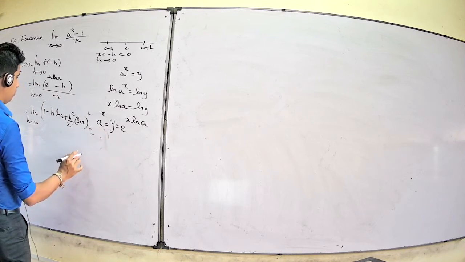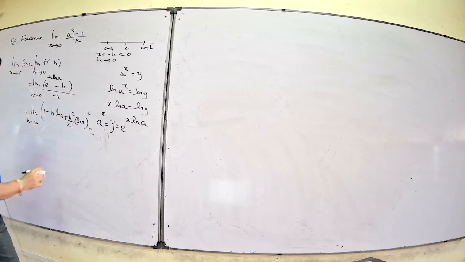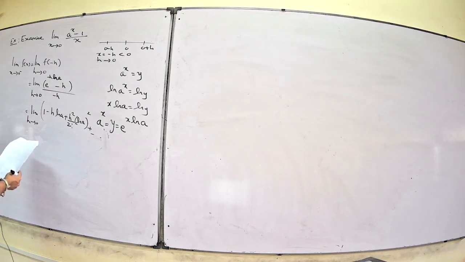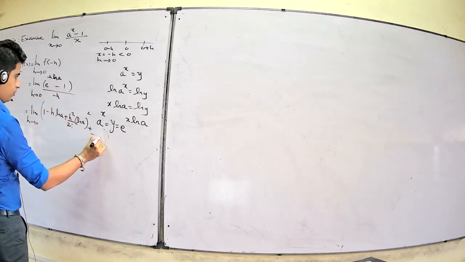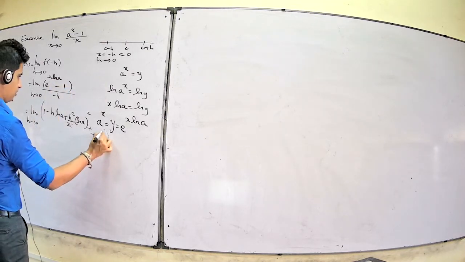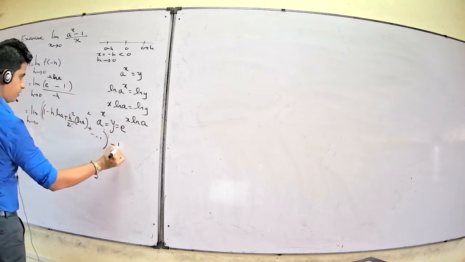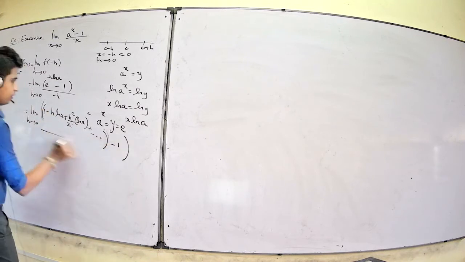The first term of e power x means 1, then minus 1 over minus h.